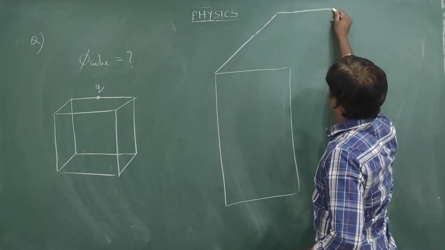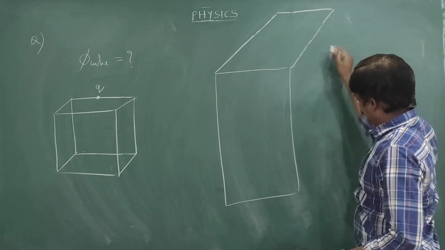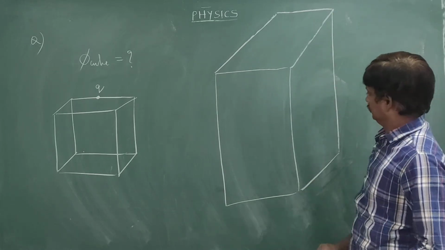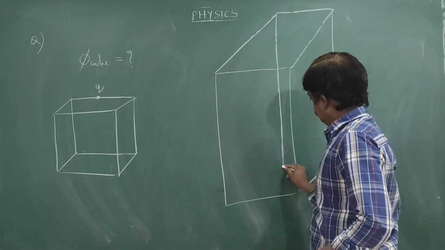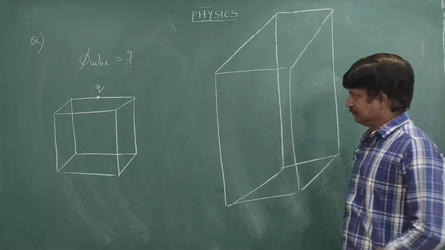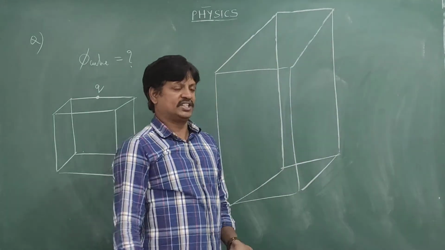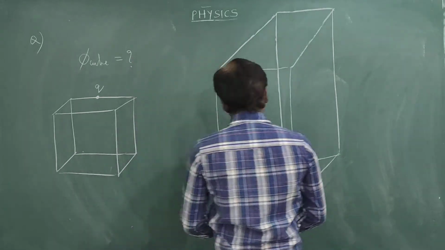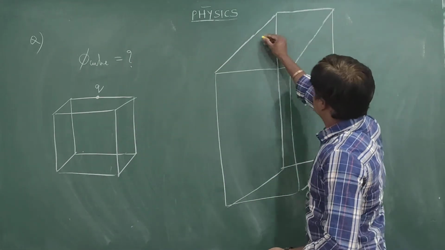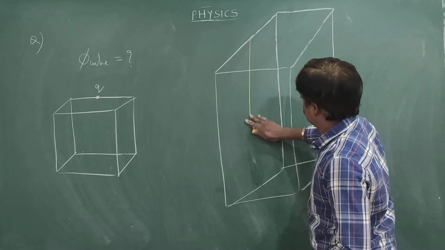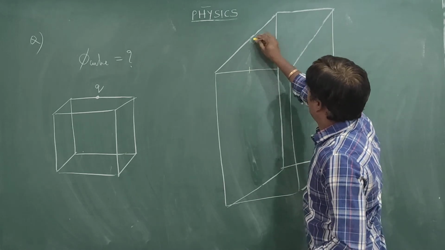In fact, it's not a cube. Check carefully. Yeah, now we got it. A rectangular, maybe a rectangular box. Now what I do? Imagine total 4 cubes.